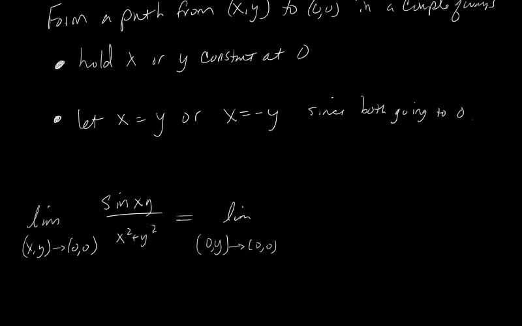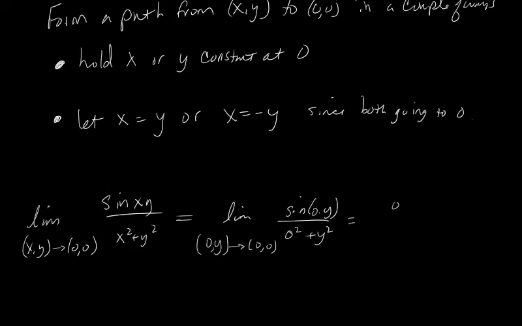We're going to go down the path where x is already 0 and see what we get. So sine of xy over x squared plus y squared. Well, it's not x anymore, right? It's 0. So I need to replace these x's with 0. And what that comes out to be is sine of 0 over 0 over y squared.